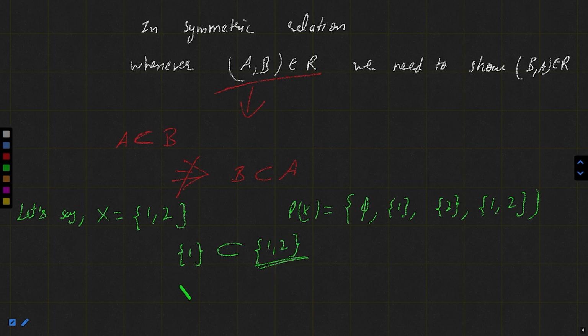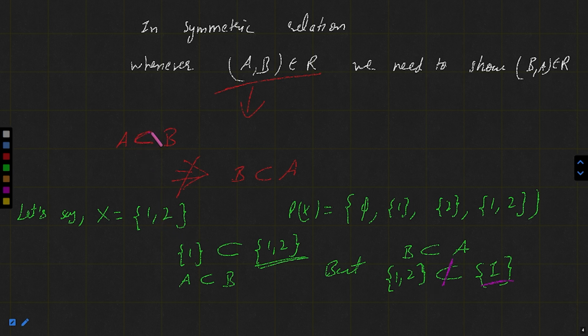Yes. So A is a subset of B, but does B a subset of A? No. As you can see that B is this bigger set and it is indeed not a subset of this small set over here. Okay. I hope that it is clear to you now.